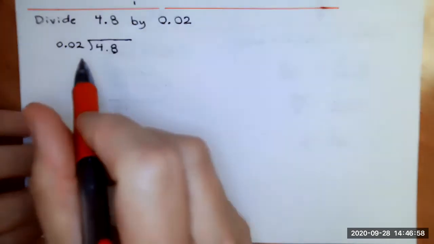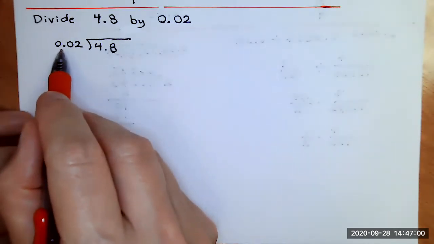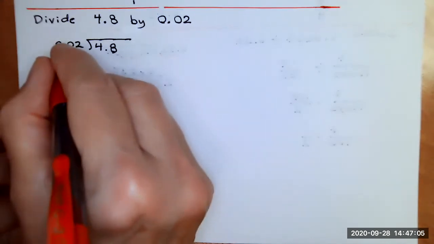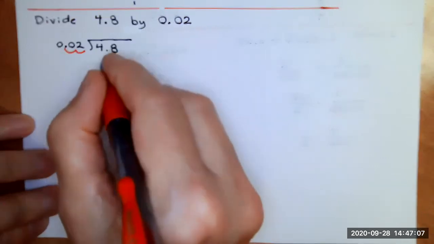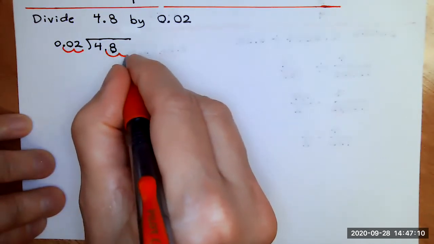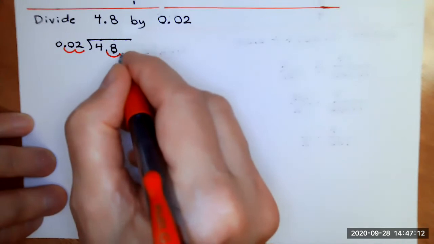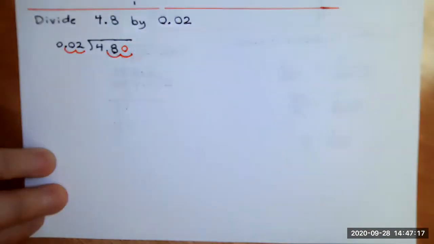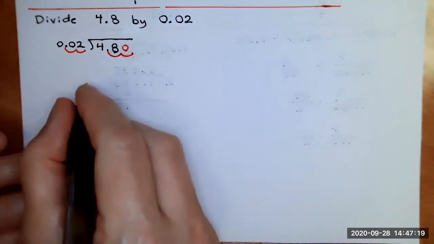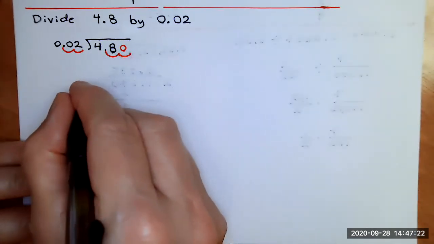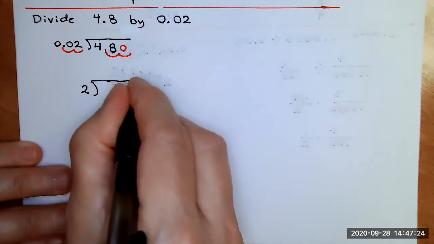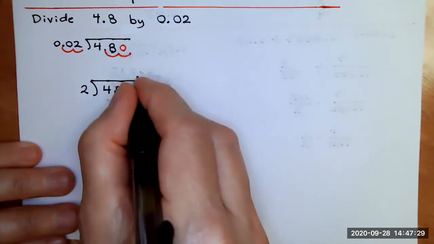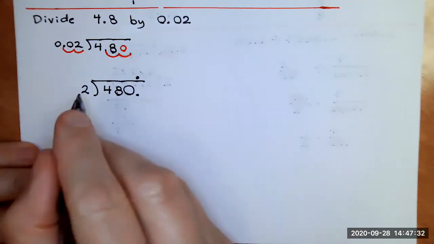So we're going to move the decimal point on both numbers until the divisor is a whole number. So if I move this one 2 times, I have to also move this one 2 times. And you're thinking there's nothing there. So I'm just going to fill in with a 0. So now that's 2 divided into 480. And you can go ahead and put the dot just in case you need it later.